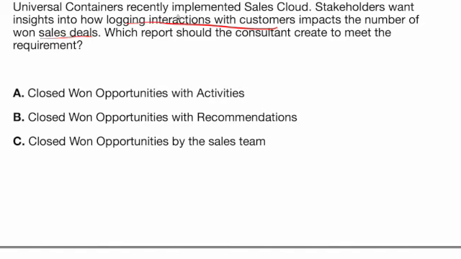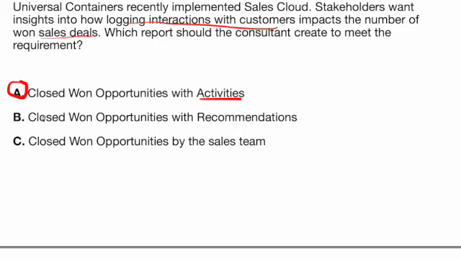So interactions with customers, that's already signaling to me that I'm going to need activities. Activities, like the question says, focus on tracking customer interactions, such as emails sent to customers, calls logged, customer meetings. So therefore, it's essential to combine closed won opportunities with activities to answer this question. So it's already looking like the answer is A, but let's go through the others.